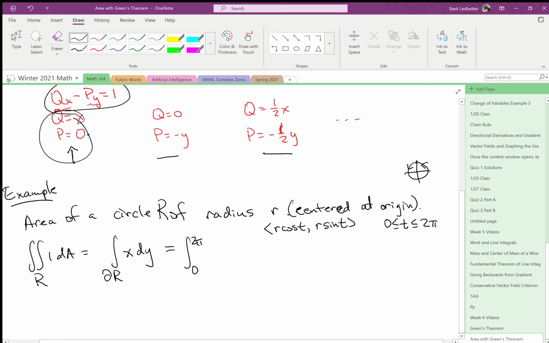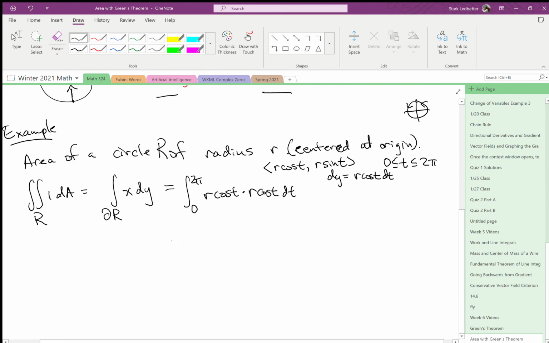Just have to make sure all the orientations are positive. x is r cosine t, and then dy is the derivative of y with respect to t, dt. So I have another r cosine t dt. Okay, what happens there?